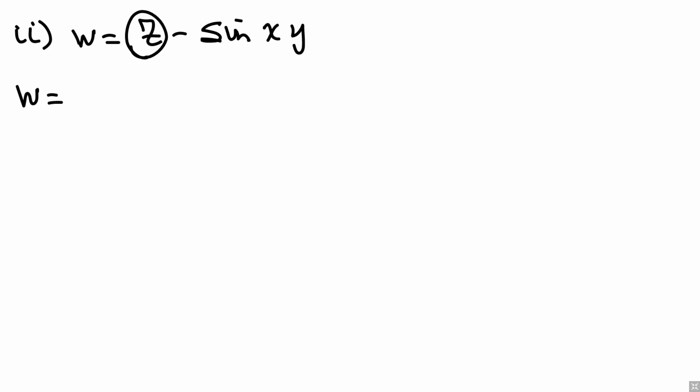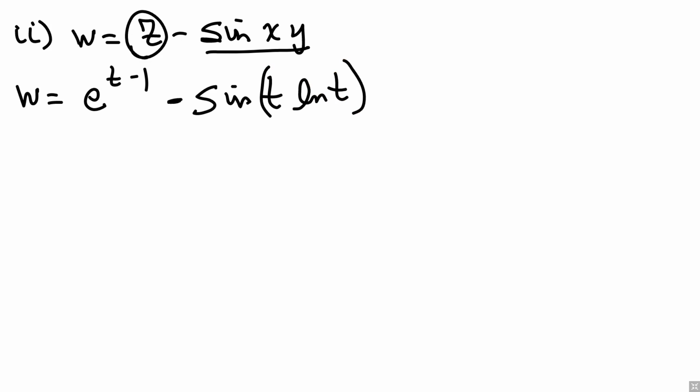We're told that z is equal to e to the t minus 1, minus the sine of, x is t, y is the natural log of t. So this is the function now rewritten in terms of just t. Now we want to find dw dt. So what would be the derivative of the first term?